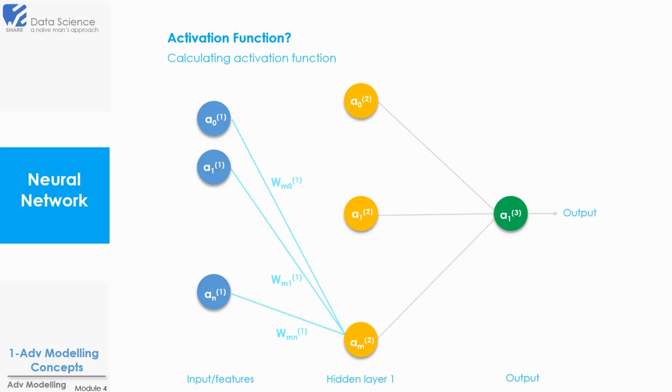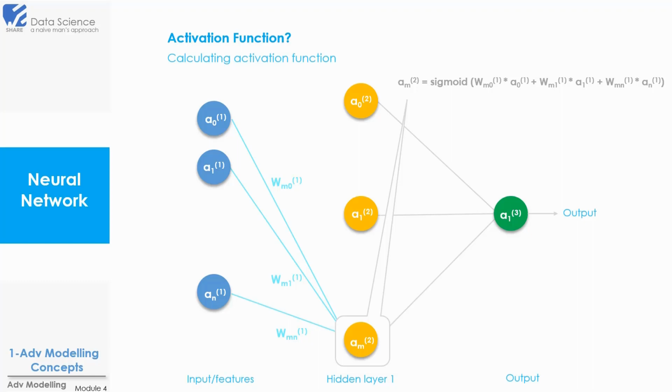Similarly, to calculate the mth neuron of the hidden layer, we will multiply the respective weights with the neuron of the previous layer. So as you can see here, we have multiplied the weights with the neurons of the previous layer and then took the sum of it and then use the sigmoid function. So this way we can calculate all the neurons of the hidden layer.